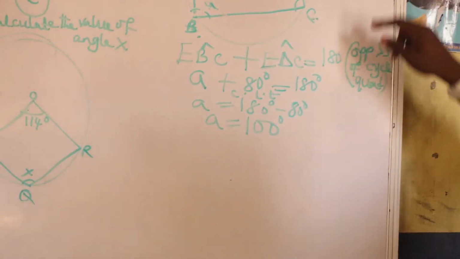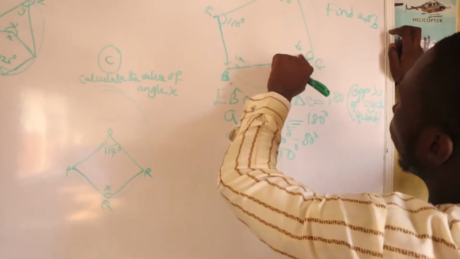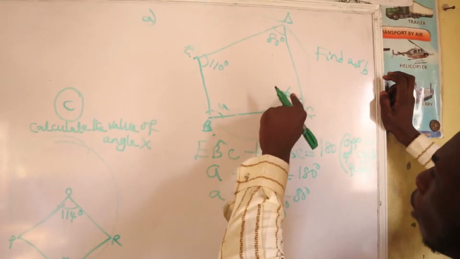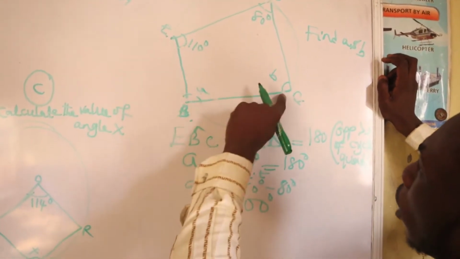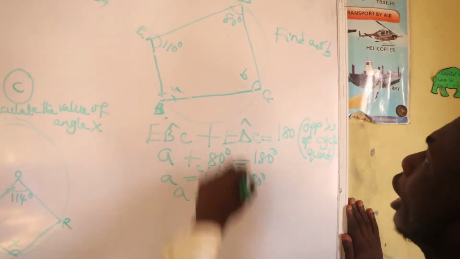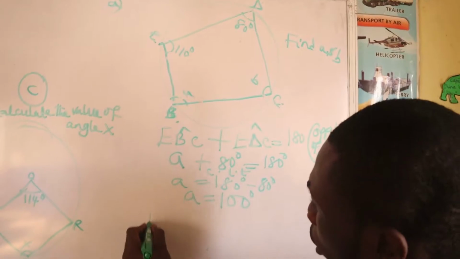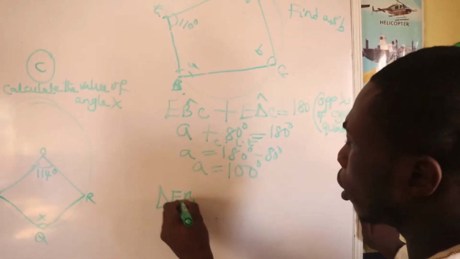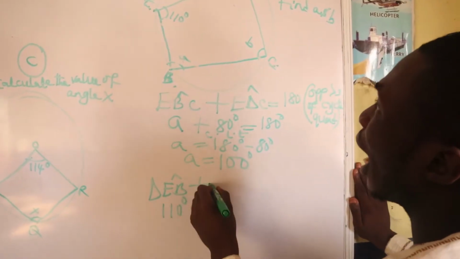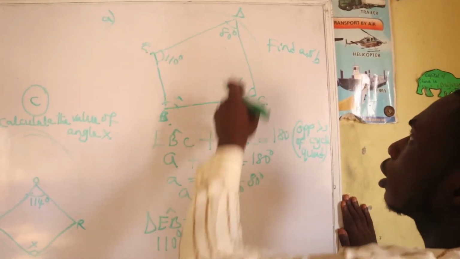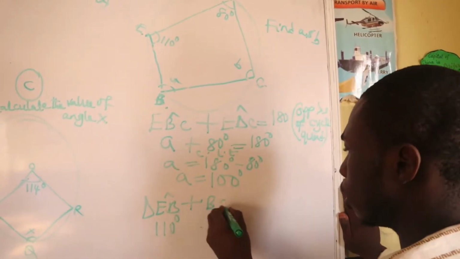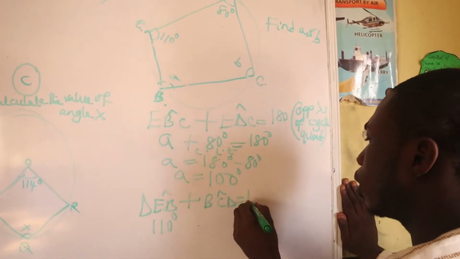Now, for us to find the B, I told us that the theorem states that opposite angle B adds with its opposite angle, which is 110. So you add the two, they must make up what? 180 degrees. So you tell them DEB, which is the 110, when you add DEB to DCB or BCD, you must have 180.